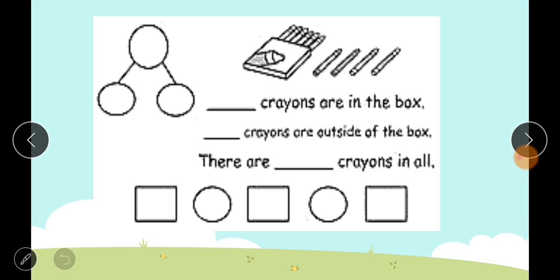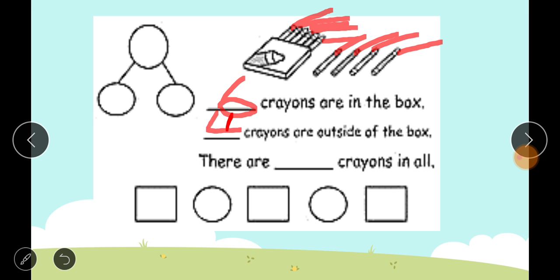How many crayons do we have in the box? Let's count. 1, 2, 3, 4, 5, 6. So 6 crayons are in the box. Dash crayons are outside of the box. Let's count. 1, 2, 3, 4. 4 crayons outside of the box.